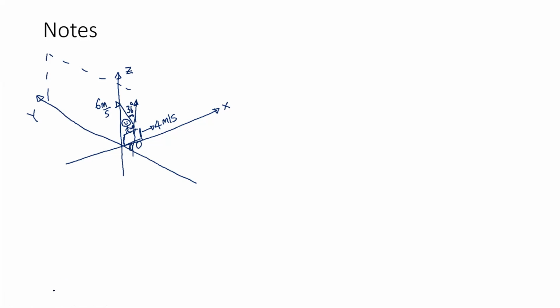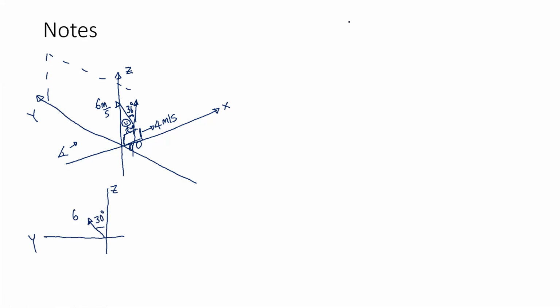Now, that means if I am only looking at the YZ plane, so I'm looking in this direction. So this is Z and this is Y. The stone is projected at 6 meter per second, so this is 30 degrees.